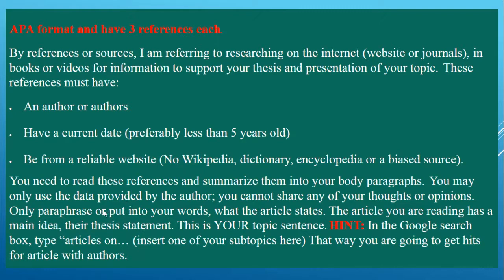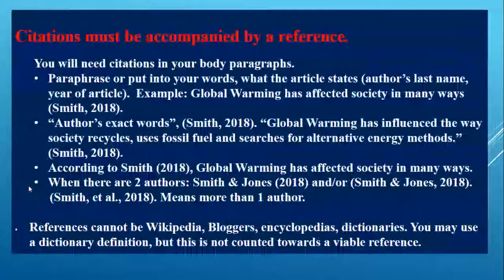Also, when you're reading an article, the article that you're reading has a main idea, which is their thesis statement. So this will become your topic sentence. If the author claims that, like I mentioned before, global warming has affected society in many ways.